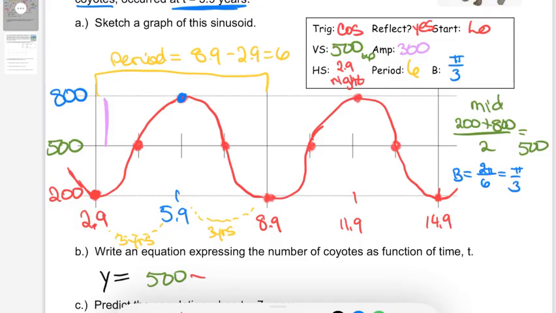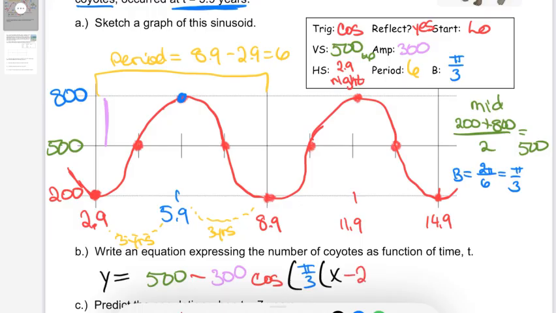We have a minus because we are not reflected. Then we have our amplitude, 300. And our trig function is cosine of the b value, which is pi over 3. Open a new parenthesis, x, that shifted to the right 2.9 units.